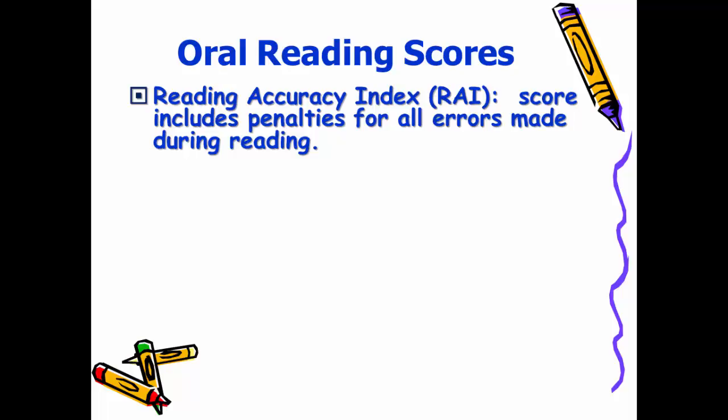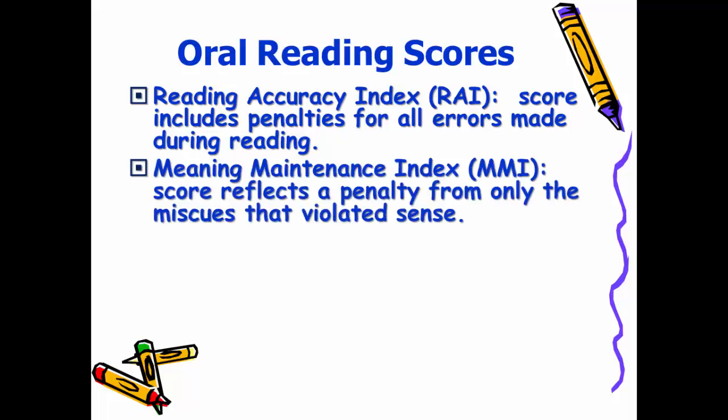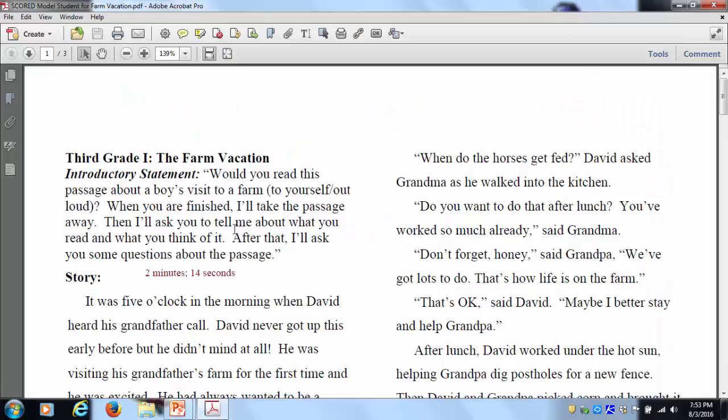When we're finished, we will have several significant scores. First, the RAI, Reading Accuracy Index. When this is calculated, all errors or miscues are thrown into the formula. However, for an MMI, meaning maintenance index, only the scores that violated meaning are counted in the calculations. So, how does that happen?